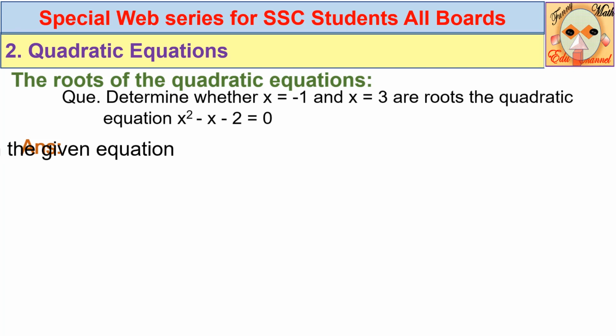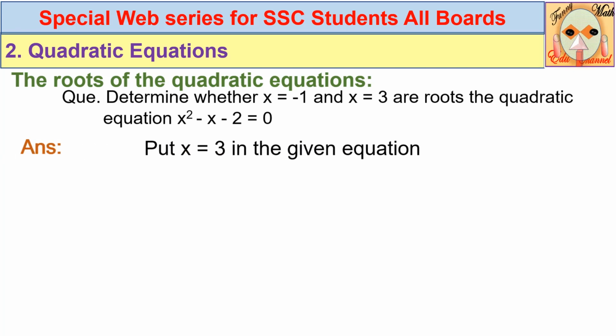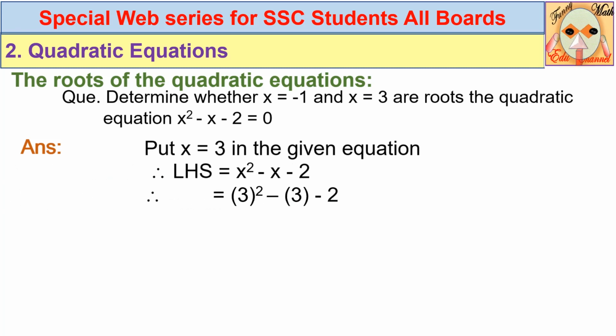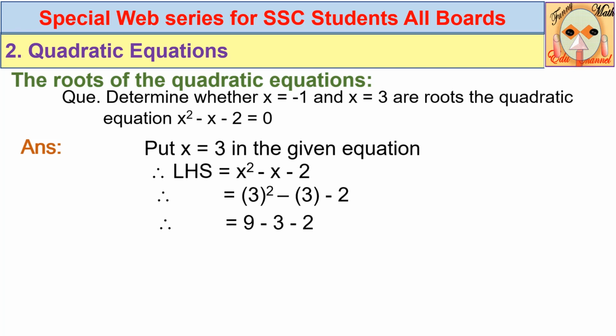Now we are going to put x is equal to 3 in the same equation. So what happened? You have to take the LHS, and wherever there is x, you put 3. So you get 3 square as 9, 9 minus 3 minus 2. Now you have 9 minus 3 is 6, 6 minus 2 is 4. Now this is not equal to the RHS, which is given to you as 0.